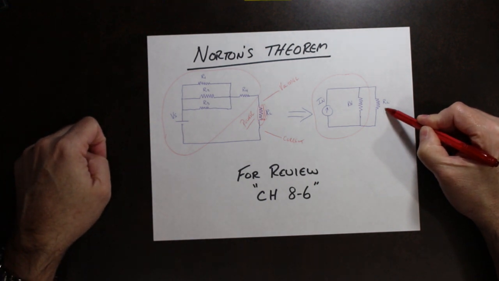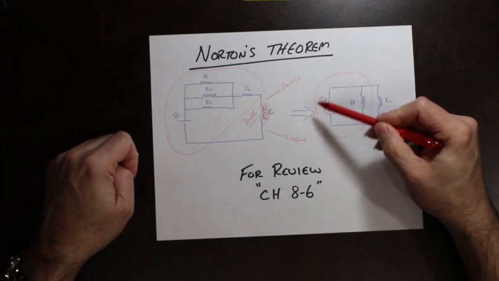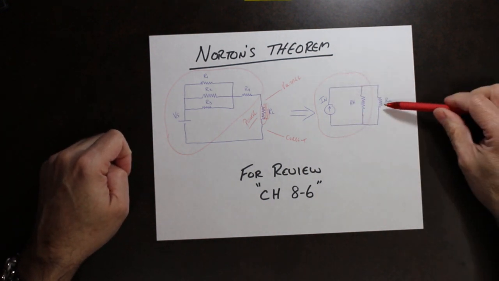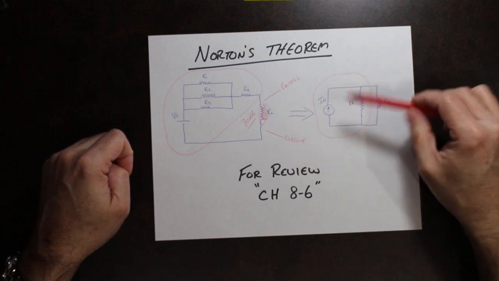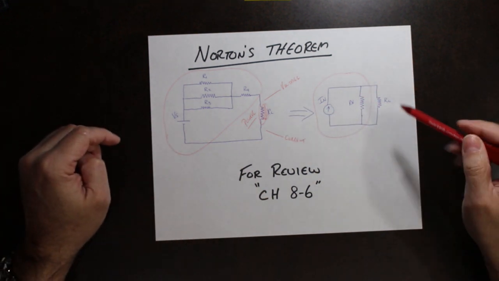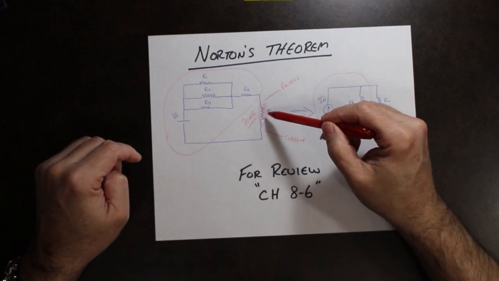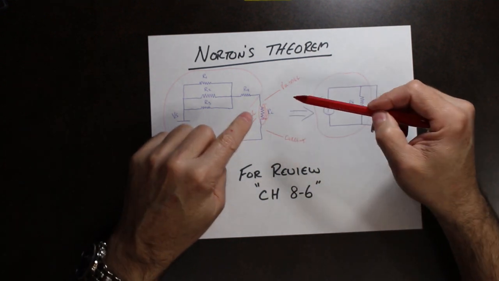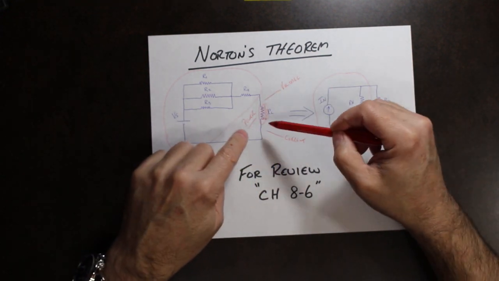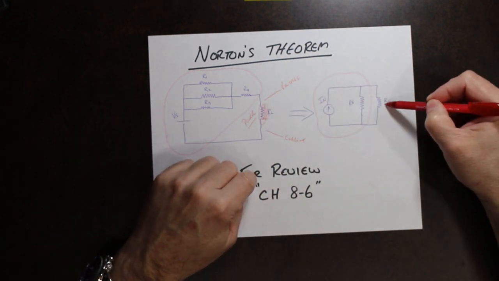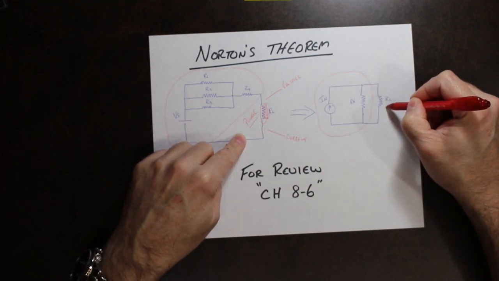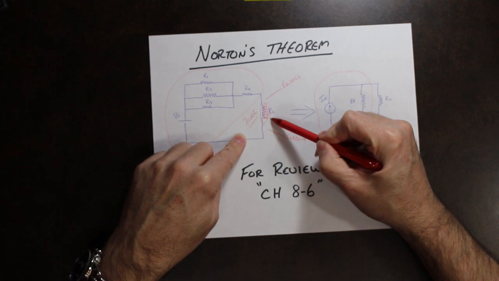Now we can calculate Norton's equivalent circuit once, pop in as many loads as we want, do all the calculations, and those values would be equivalent to those resistor values in the original circuit. So again, power, voltage, current would all remain the same in this circuit and this one. This circuit is much easier to calculate than this circuit.